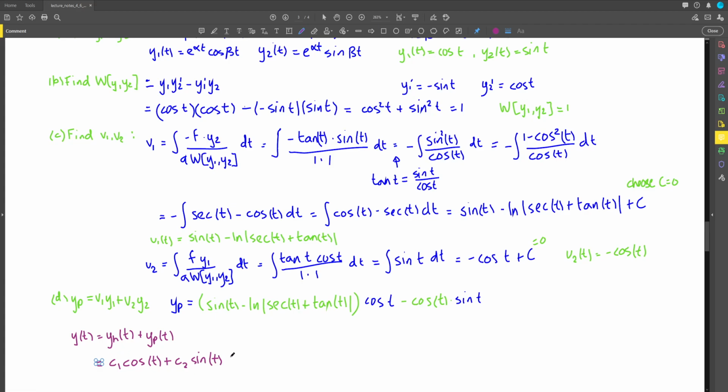And then our particular solution is the quantity sine of t minus ln of the secant of t plus the tangent of t, absolute value, times cosine of t, and then minus cosine of t times sine of t. And that is our most general solution.